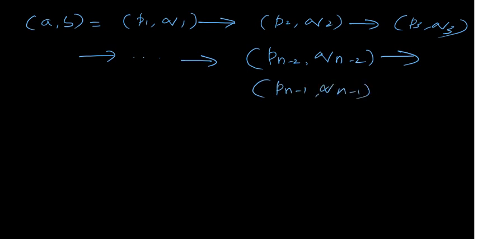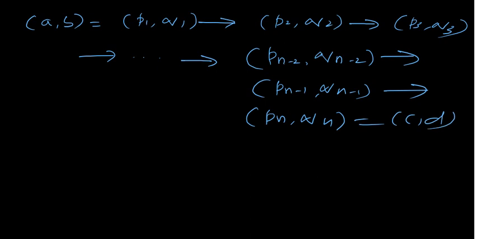Sorry, this is a left move, and the last move is the right move to Pn Qn, which is equal to CD. So this is the right move, this is left, and so on, and this one is the left move, from Pn minus 1 Qn minus 1 to Pn minus 2 Qn minus 2 to Pn minus 1 Qn minus 1. Then finally we'll have a right move. So we have the sequence of transitions like this.